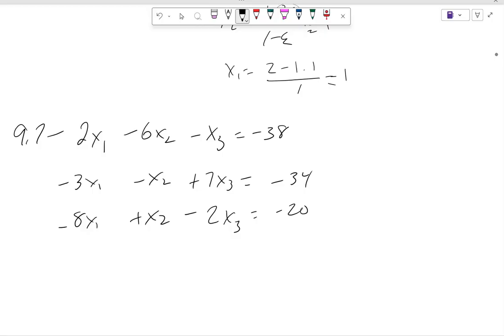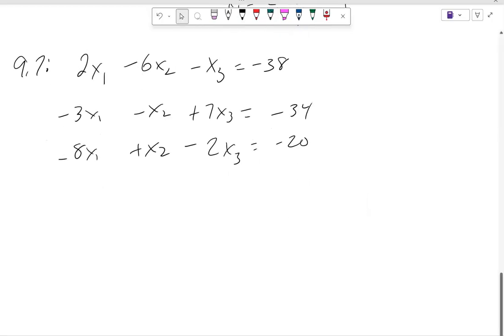No, it's a positive 2, sorry. I'll put a colon instead. All right, so put it in an augmented matrix form here.